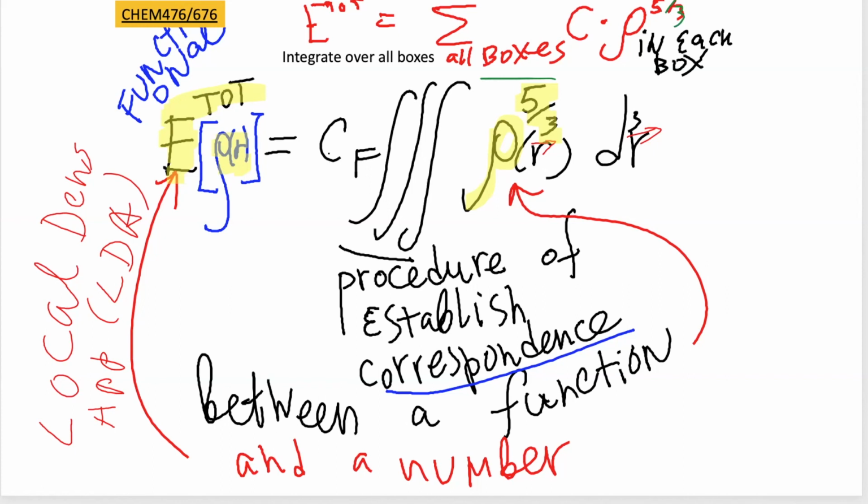So constants that include the mass of electrons, size of the box, and Planck constant are all inserted in this Fermi constant, C sub F, which let Fermi compute it. It's not our task for today. But the main answer is that by performing three-dimensional integration of the density to the power of 5/3, we are arriving at the total energy of all electrons in the universe.